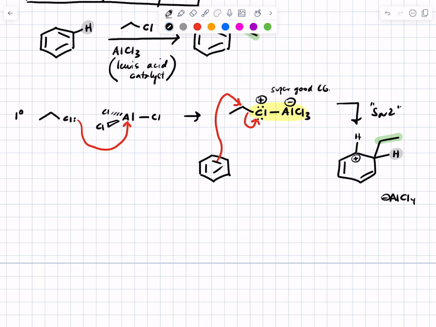And that can go back to Cl- and AlCl3, and we can regenerate the Lewis acid catalyst. At this stage, a base, probably Cl- or something else, doesn't really matter. It doesn't have to be a very strong base, removes the proton, and that gets us to our desired alkylated product.